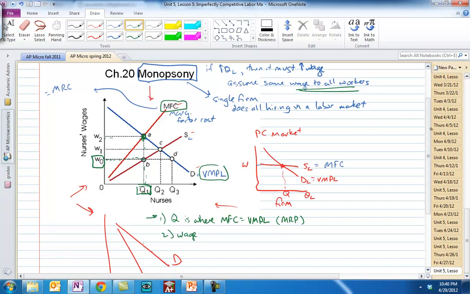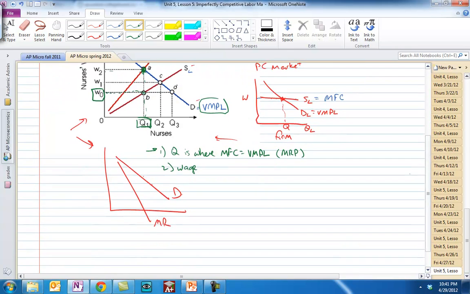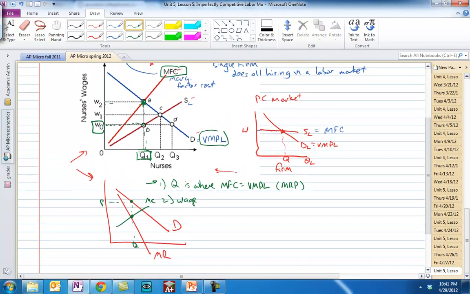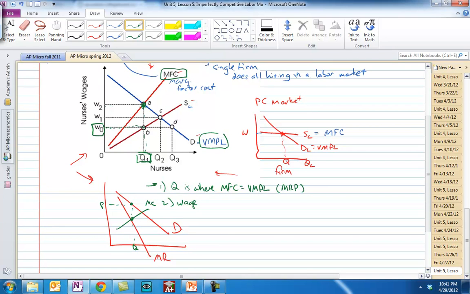So again, we talk about mirror image. Remember with monopoly, this is the marginal cost. We went marginal cost equals marginal revenue to find the quantity, up to the demand curve and over for the price. We're doing a mirror of that here. Marginal factor cost equals marginal revenue product for the quantity, and then down to the supply curve and over for the price, or in this case the wage.